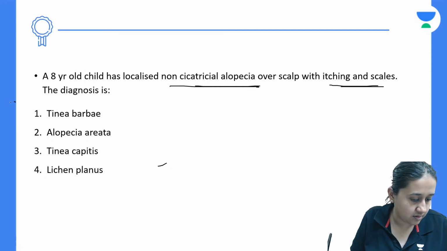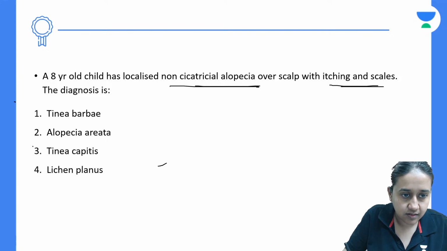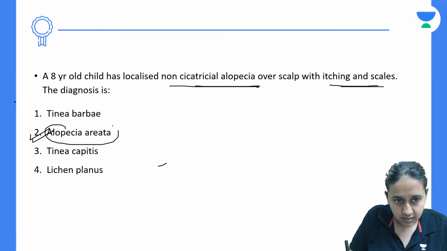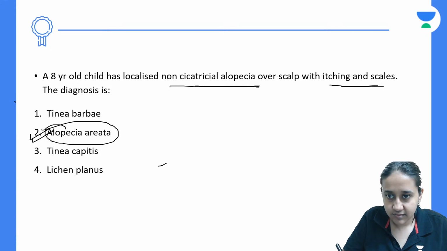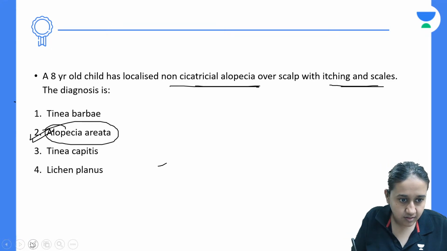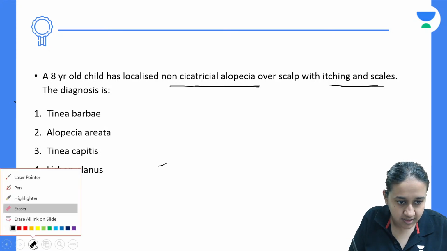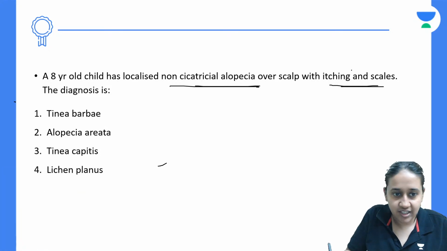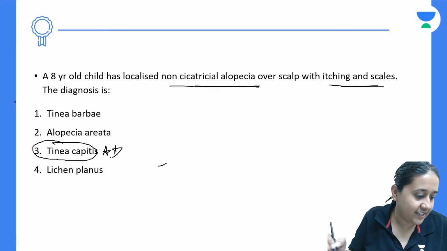The diagnosis is very nice, alopecia areata. Sorry, I'm very sorry. It is not alopecia areata because you can see that there is itching and scaling. So it is the tinea capitis.